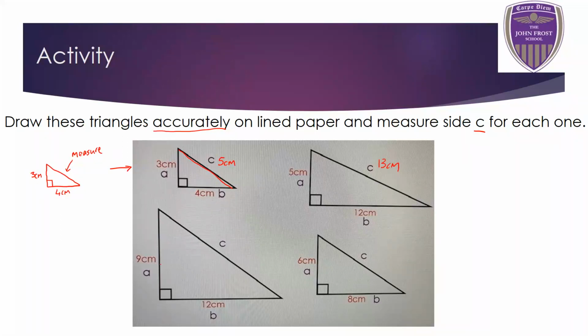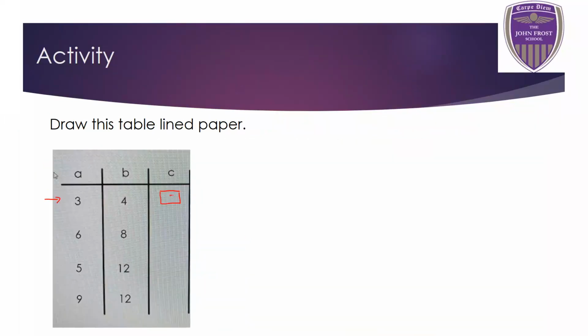For this triangle here with a base of 12 centimeters and a height of 9 centimeters, this length C would have measured 15 centimeters. And for the final triangle here with base 8 and height 6, you should have measured the longest side as 10 centimeters.